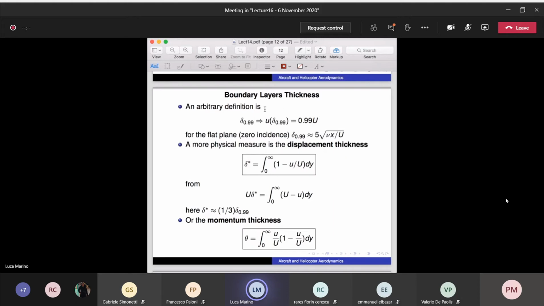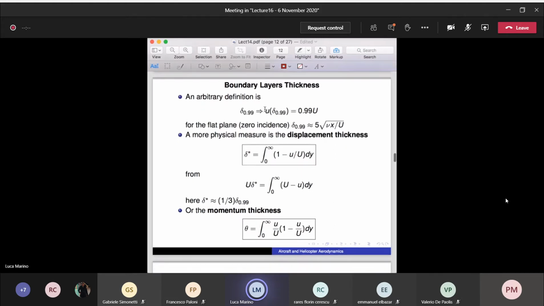So if I want to make a comparison between results of my analysis, experimental or numerical, with other results for the same geometry, for example, actually we have to compare quantities that are not related to an arbitrary definition.